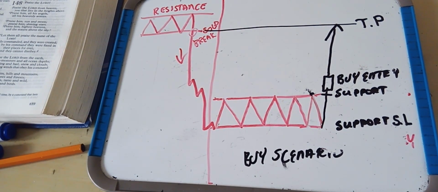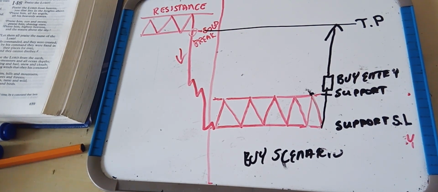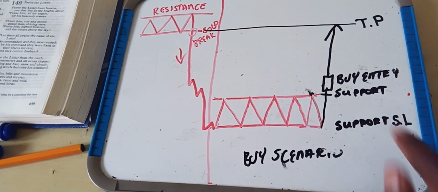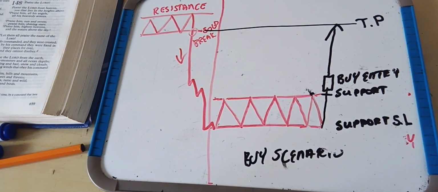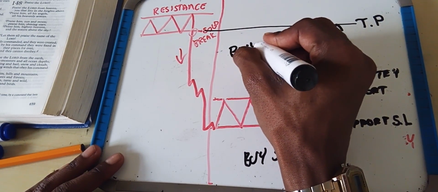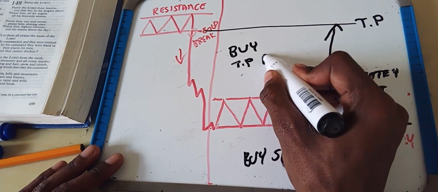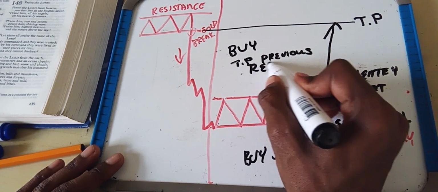It doesn't matter how long it will take, but the market will always respect those two levels, the support level and the resistance level, right? So in this scenario, if the market breaks above the support level, it simply means the market is going to go straight to retest the previous resistance level. Now, here's the scenario. If you buy, your take profit must be at the previous resistance level.